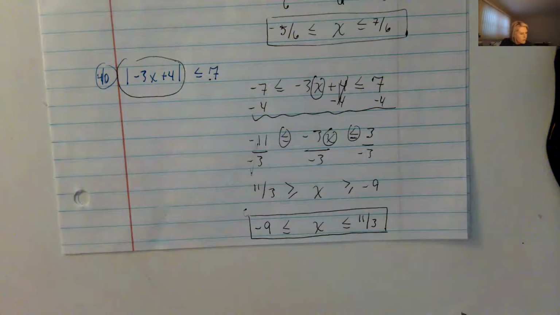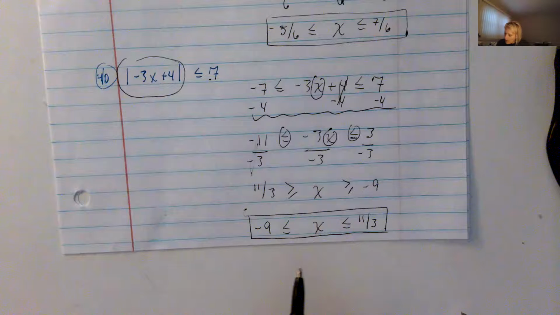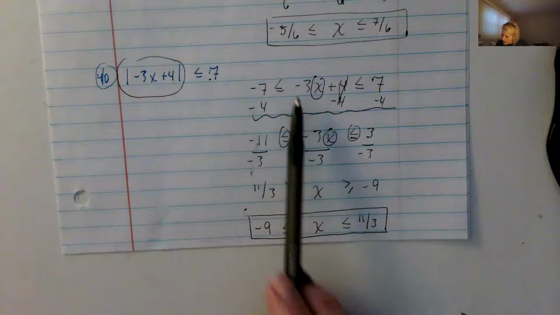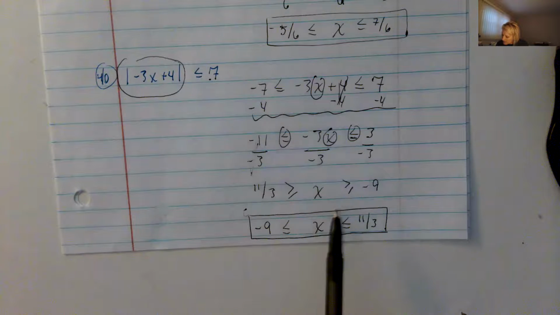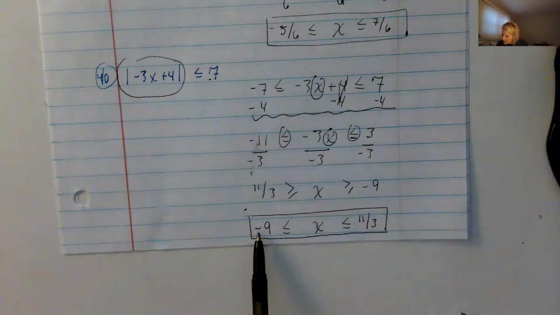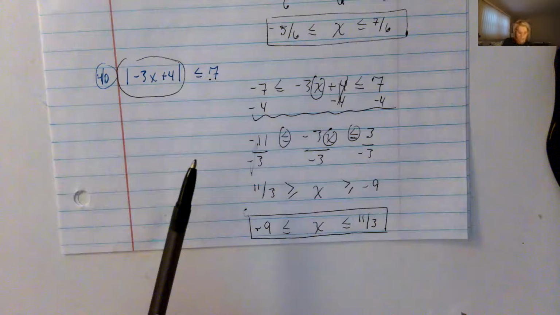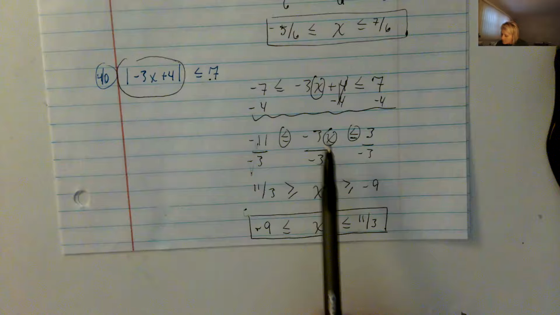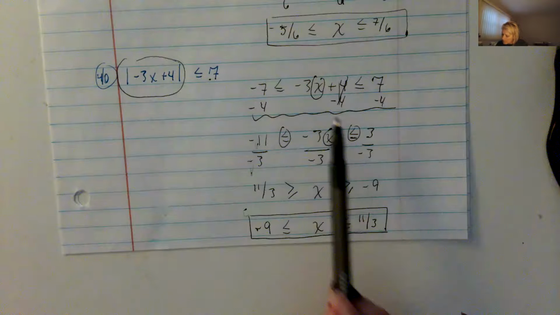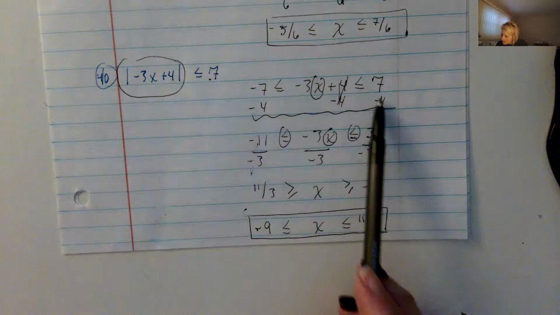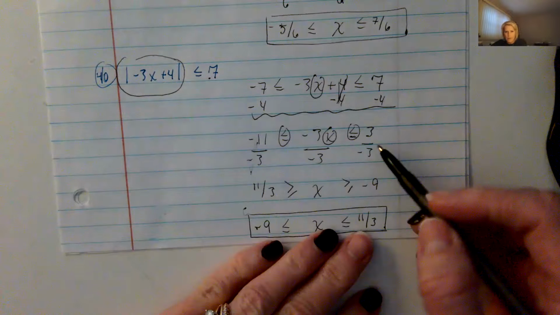Let's see here. Oh, that was dividing. How did I get a 9 here?